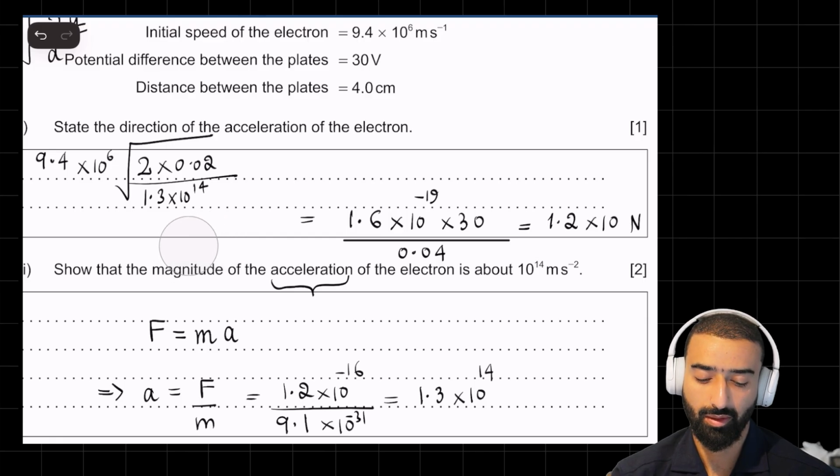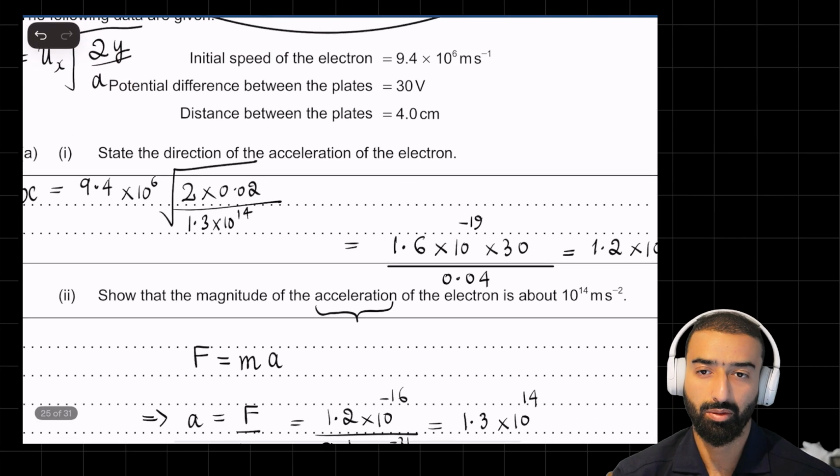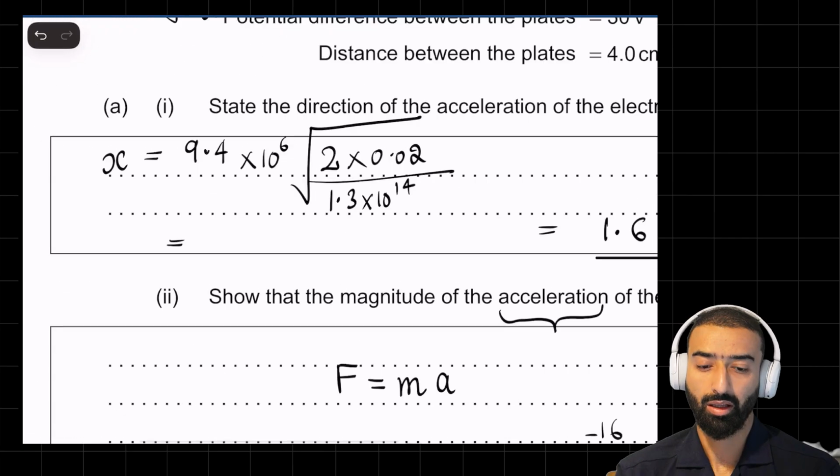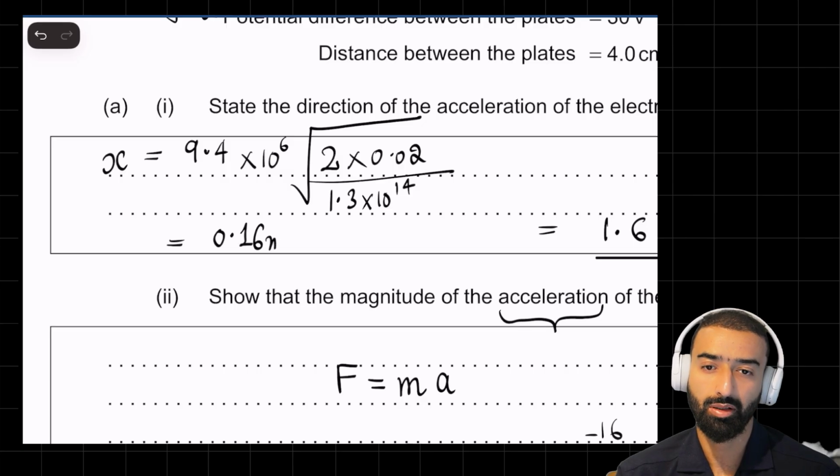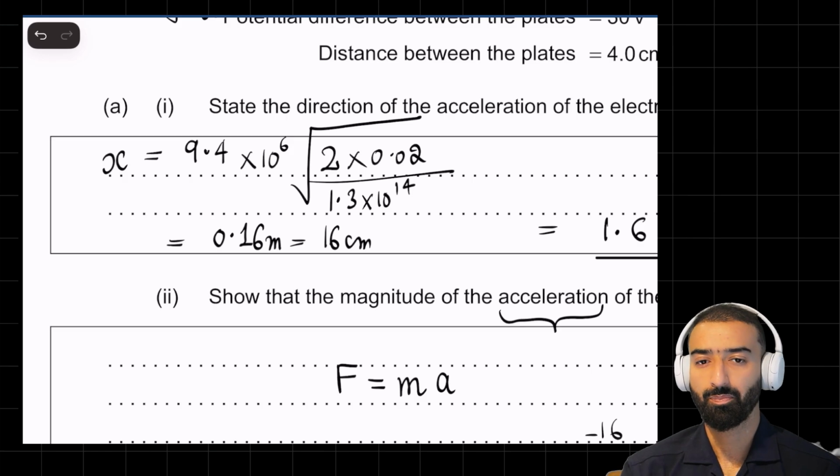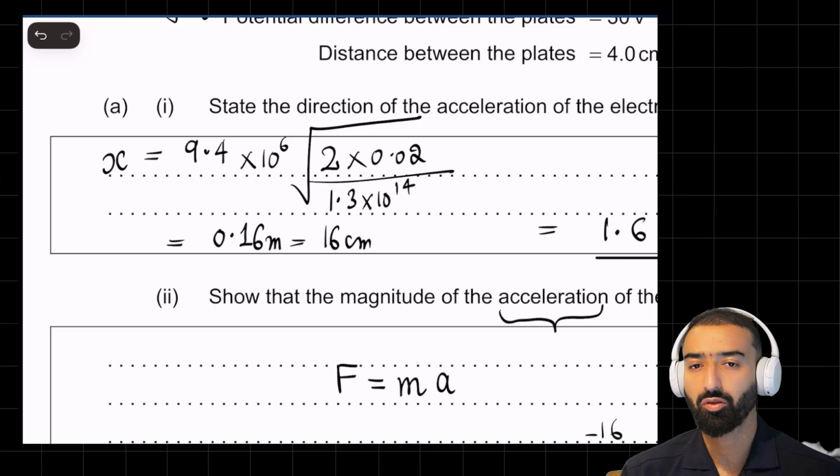All right. Now let's push this into a calculator and see what we end up with. We end up with 0.16 meters. That would be 16 centimeters. So that solves this part of the problem.